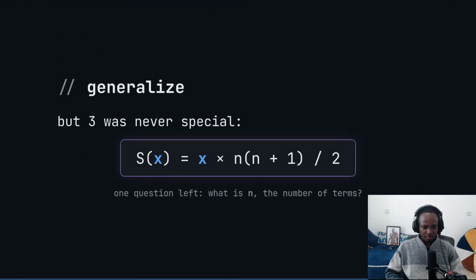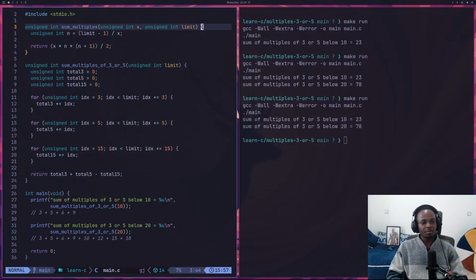Let me confirm. Yeah, x times (n plus 1), and all of that divided by 2. The reason I have the divided by 2 on the outside is to avoid integer division prematurely. I know that the expression in these brackets is going to produce an even number, so there can't be a loss from integer division in this case.